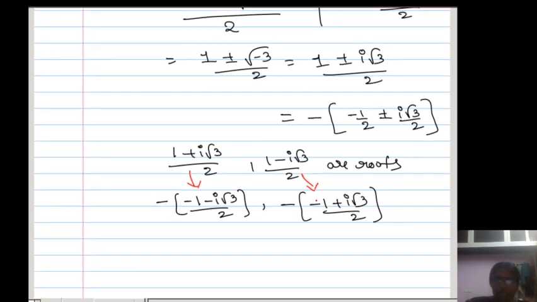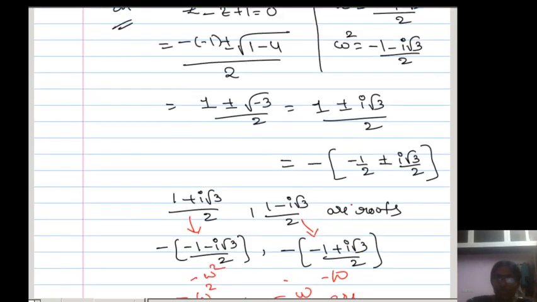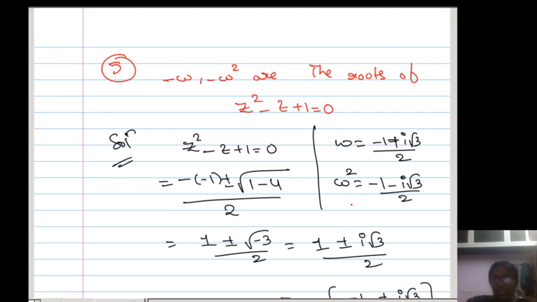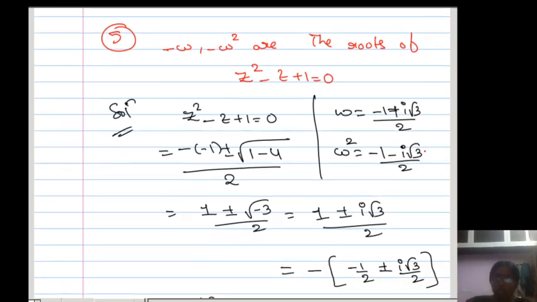Why? Because you know that this is minus omega power 2 and this is minus omega. This is equivalent to omega, and this is equivalent to omega power 2. You know that omega is minus 1 plus i root 3 by 2, omega power 2 is minus 1 minus i root 3 by 2, since they are cube roots of unity.